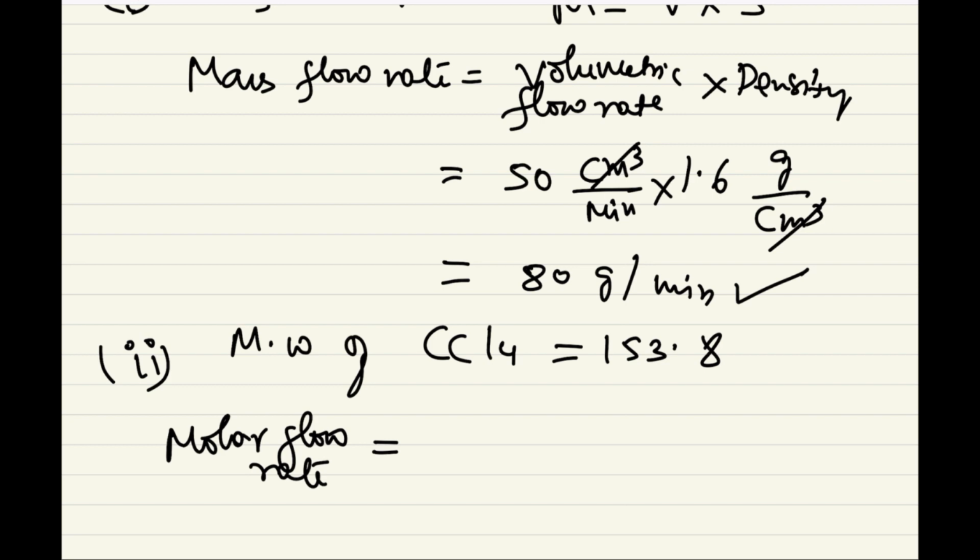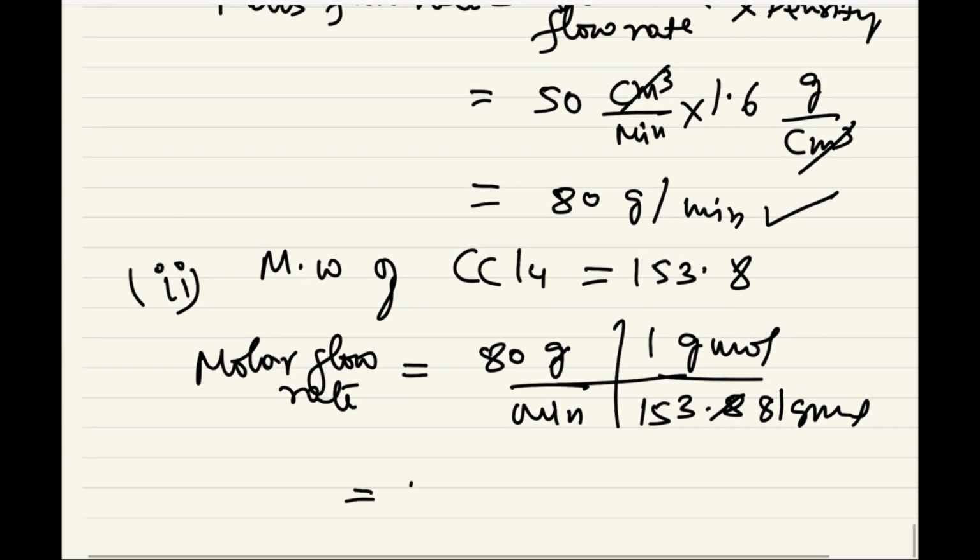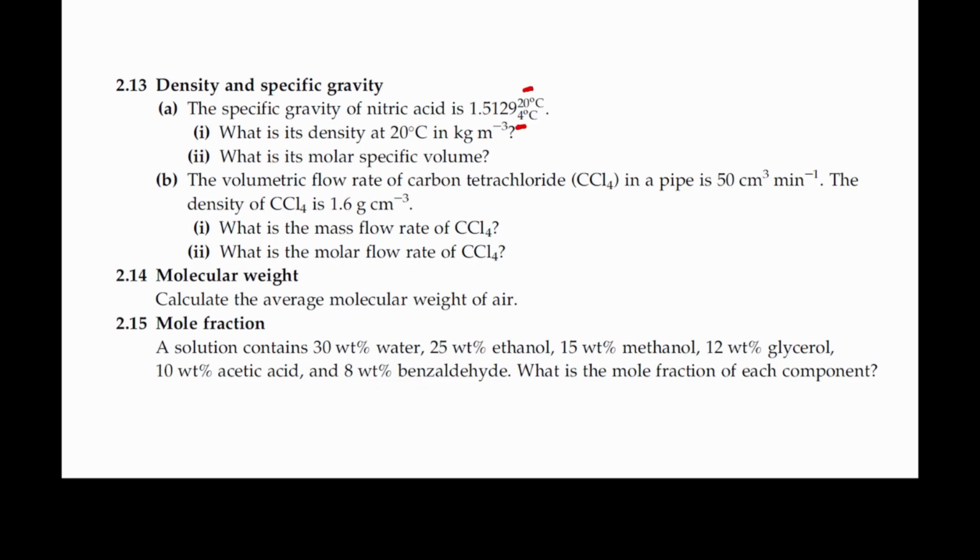We know that 1 gram mole is 153.8 gram, so gram cancels, and you get 0.52 gram mole per minute. So this is the solution.